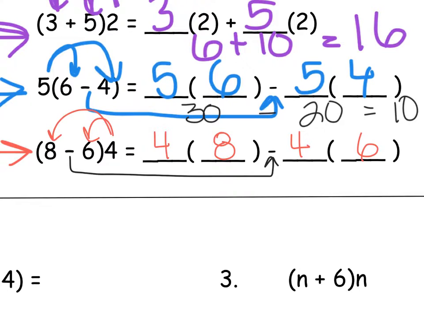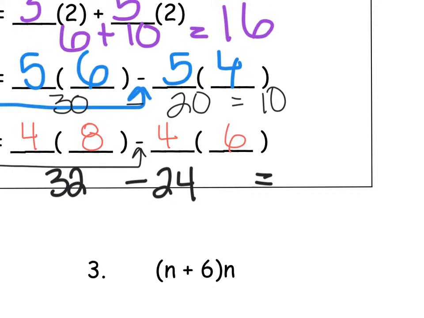So now we can multiply. 4 times 8 is 32. 4 times 6 is 24. 32 minus 24 is 8. And that is our final answer.